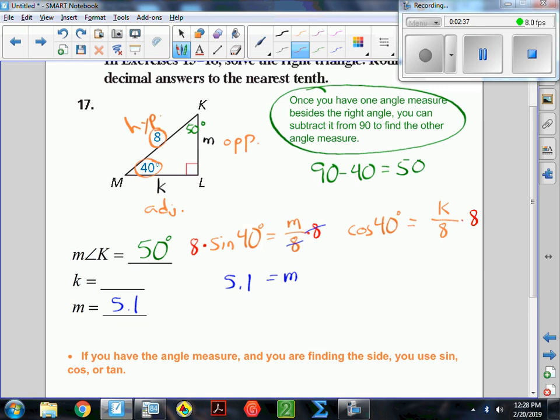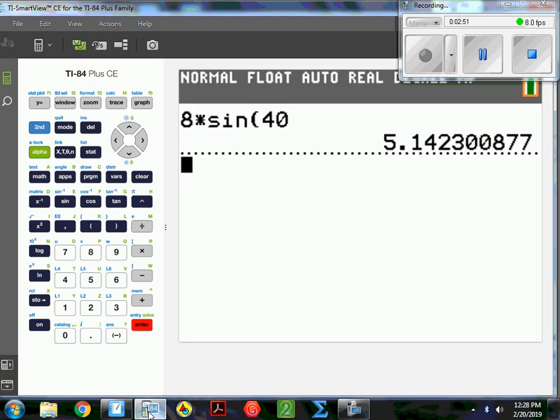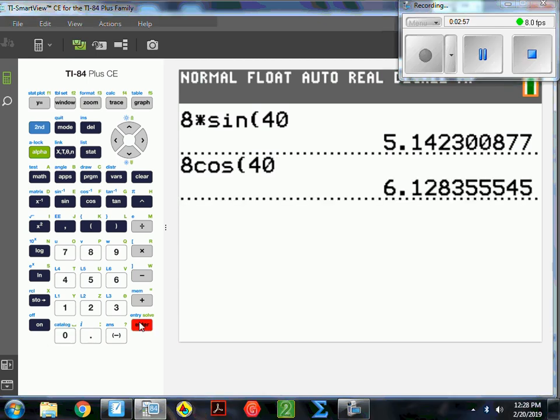Again, multiplying both sides by 8. The 8s are canceling on the right side because I'm multiplying and dividing by 8. So 8 times cosine 40 degrees is going to equal K. 8 times cosine 40 degrees gives me 6.1.